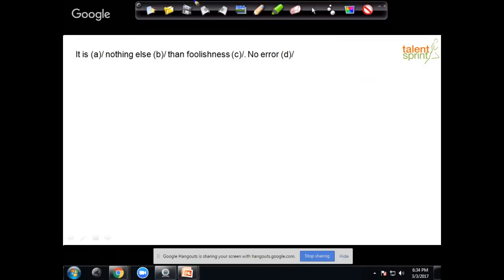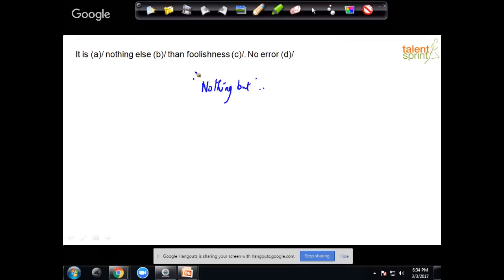Saujanya says option A, but option A is just it is, no? What is wrong with it is? Shubham says no error. Yes, Devi, correct. Right? Now, usually nothing but this expression is used in front of a noun phrase.